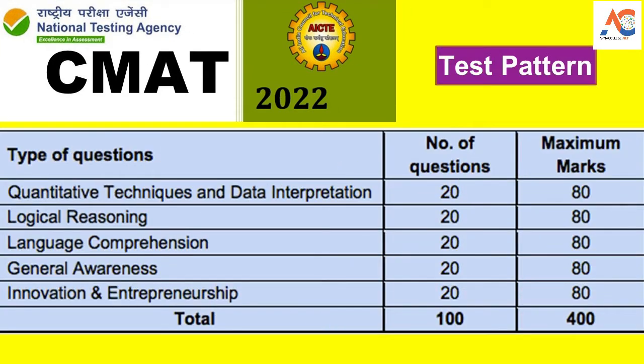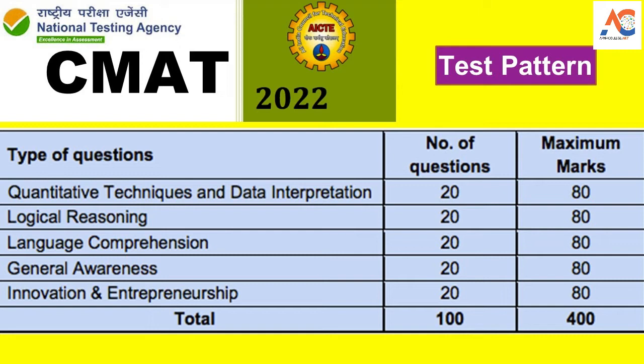Now, if we go through the CMAT 2022 test pattern, there will be 5 sections in the question paper. Section 1 consists of quantitative techniques and data interpretation problems, which will have 20 questions, and the maximum marks allotted to this section will be 80.